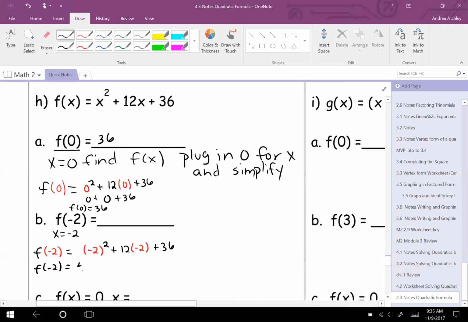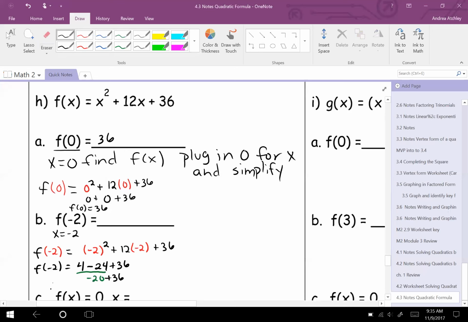-2 squared is 4, plus 12 times -2 is -24, plus 36. Then it doesn't matter which order you add and subtract this. I'm going to combine these two next. 4 minus 24 is -20, plus 36.